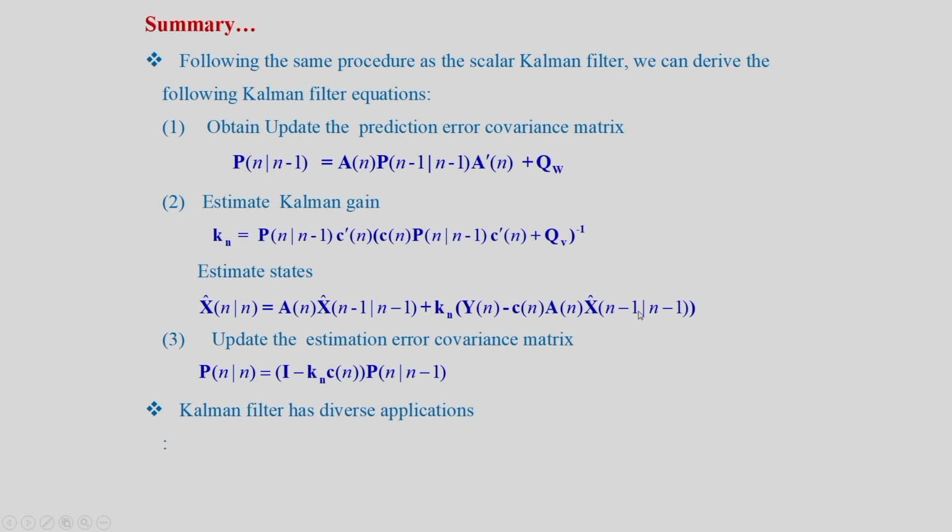This is the previous estimation. Now, we update the estimation error, because the estimation error is used. This update is given by I minus Kn into Cn, into P of n given n minus 1. This is the covariance matrix update equation.